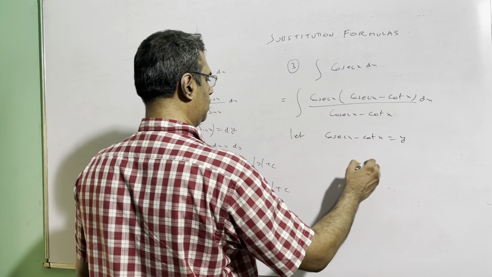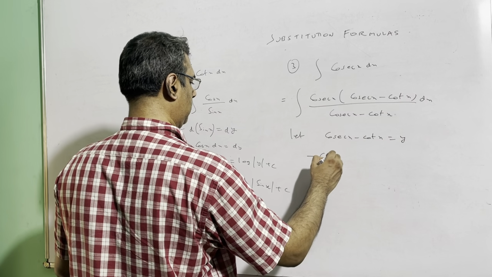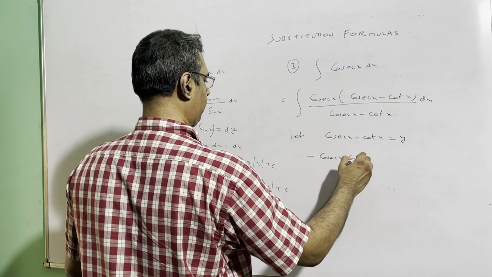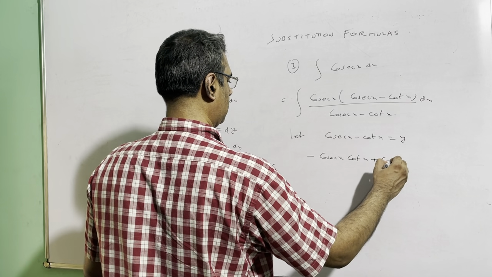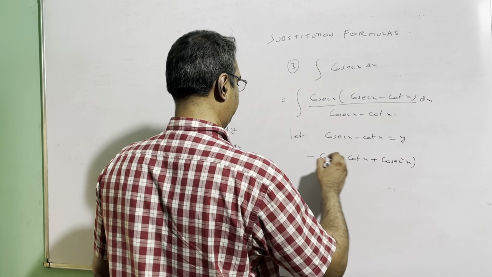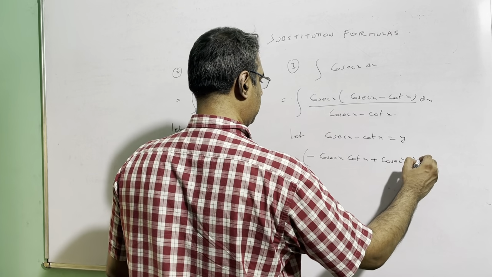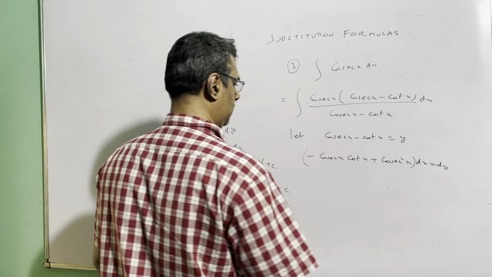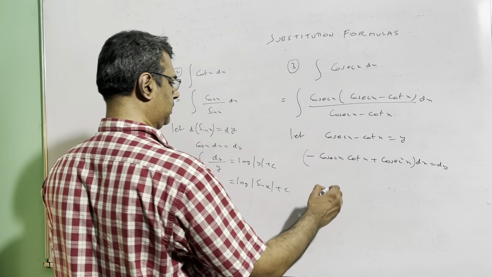Then you substitute cosec x minus cot x equal to y. Then you say minus cosec x cot x plus cosec square x dx is dy.